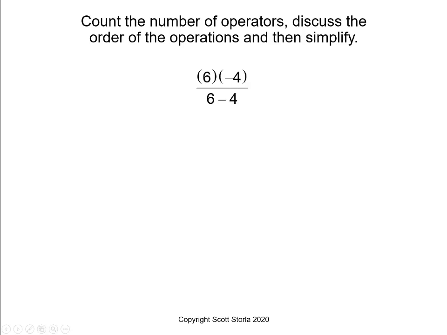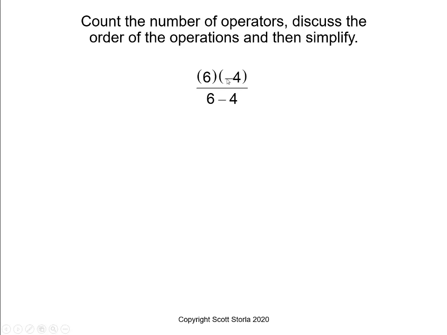Here's the next problem. Please pause the video and work it out yourself. In this case, I have 1, 2, 3 operators. I'm going to multiply first, subtract second, and find the quotient third. 6 and 4 is 24.